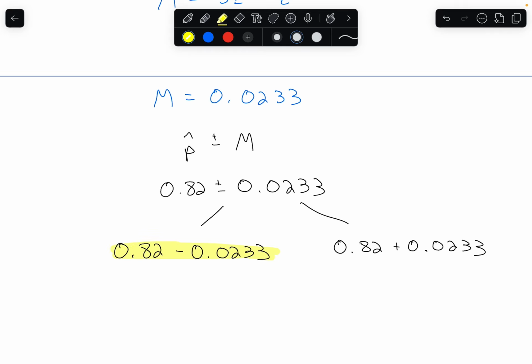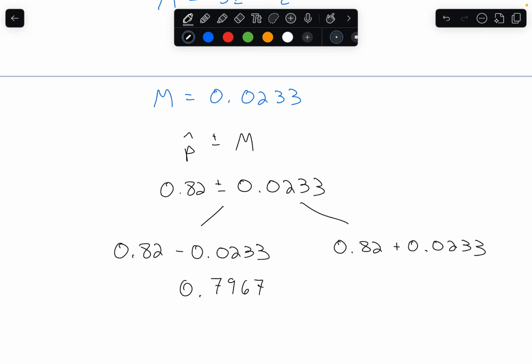That is something that I'm going to be picky about, which means that the minus case always goes first. So grabbing my calculator, 0.82 minus 0.0233, I ended up with, for my lower bound, 0.7967.